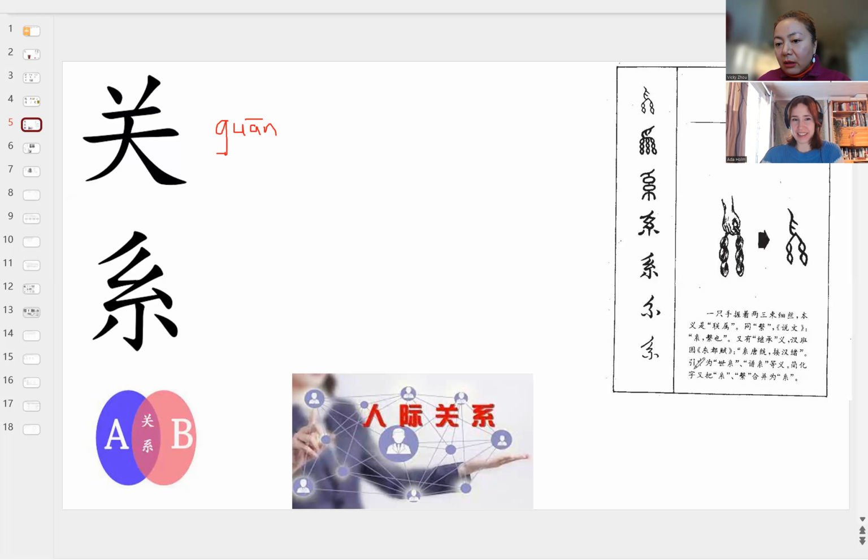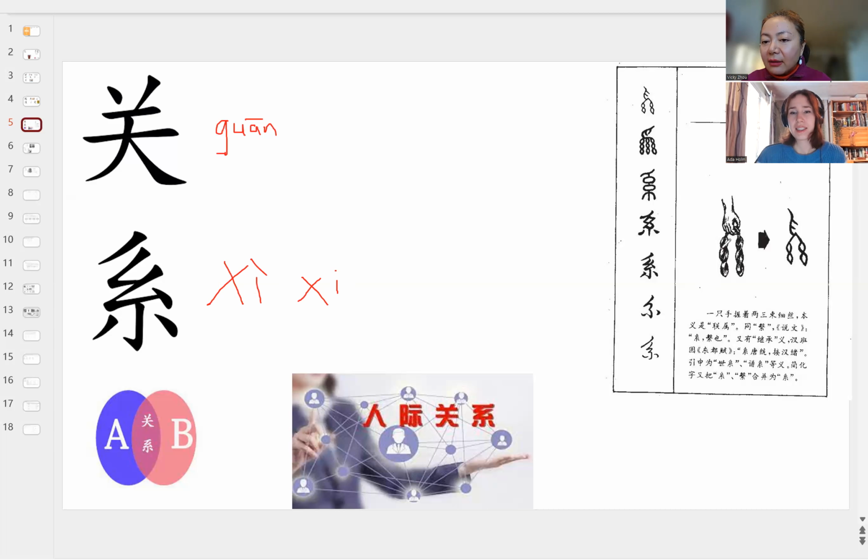This is from 说文解字, which explains characters from the ancient pictures. So this one we call 系, as in 关系, can be neutral tone. This one's basic meaning is to knot, to tie, to use some rope to tie it.